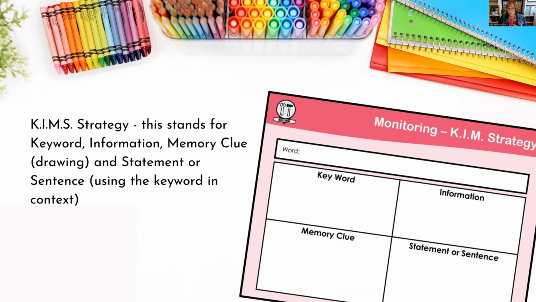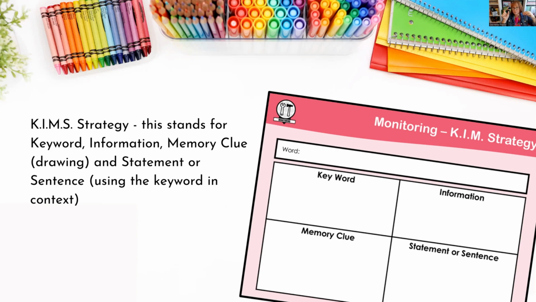Hymn strategy is another good one, but again, 4 columns is actually easier. I know this is a graphic, because this is a Google Slides version, but 4 columns: keyword, information, which would be your definition, and a memory clue, something to help them remember.